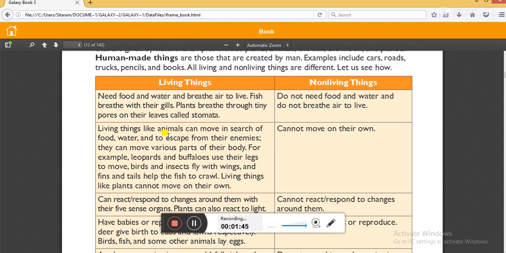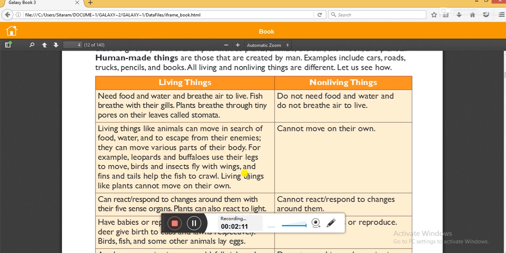Living things like animals can move in search of food, water and to escape from their enemies. They use various parts of the body. For example, leopard and buffalo use their legs. Birds and insects use their wings to fly. Fish use their fins and tails to move.